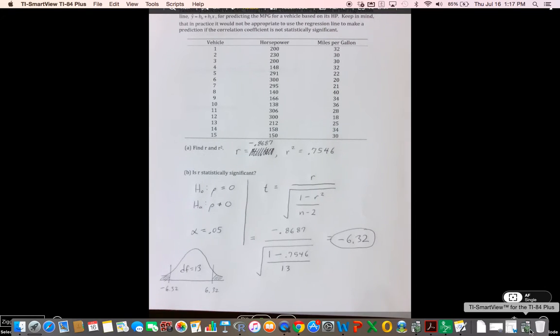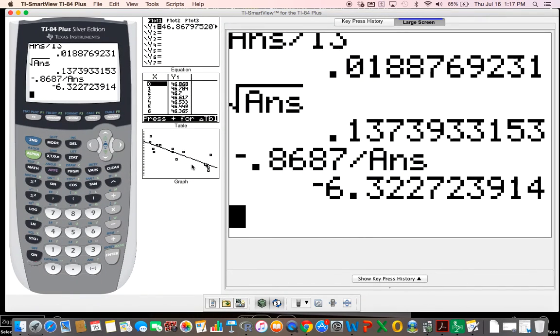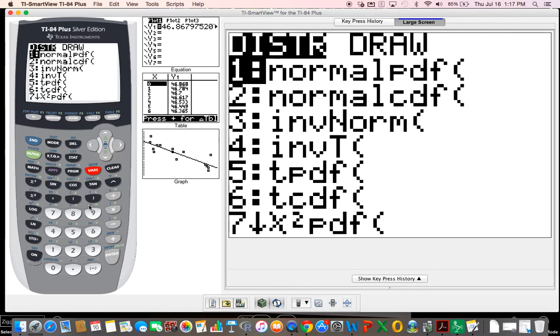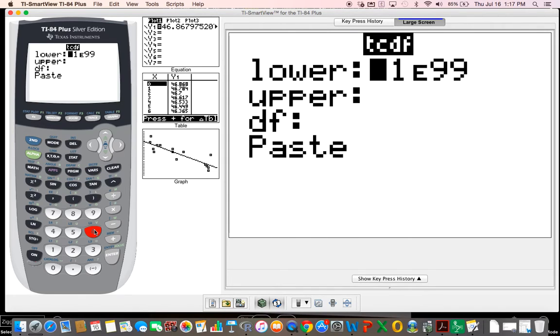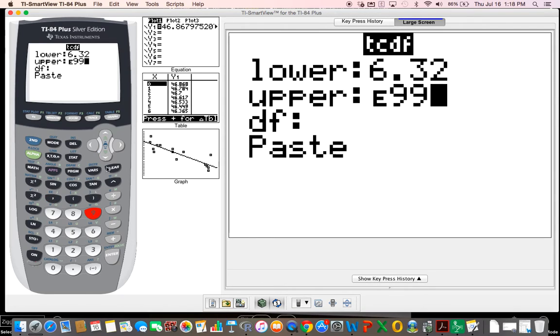So let's do it. I'm going to do the upper tail. So that's 6.32 up to E99, degrees of freedom are 13.